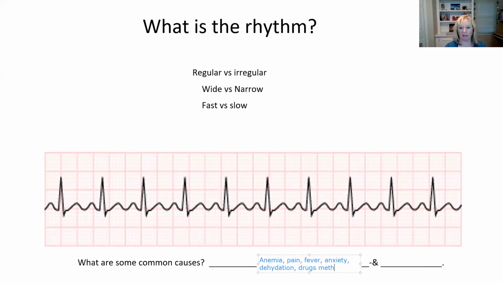Drugs like meth can cause it. Hypovolemia, that's another good one. Or what about sepsis? All these things can cause it. So we treat the things, we don't treat the rhythm.